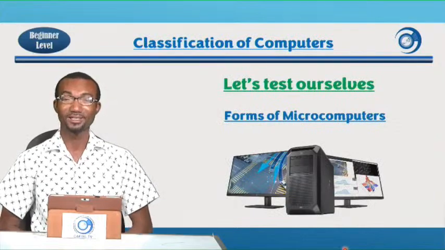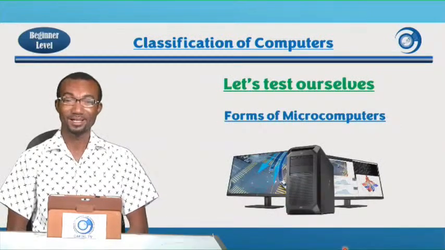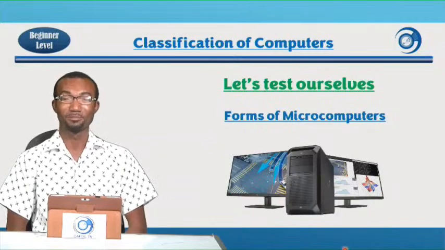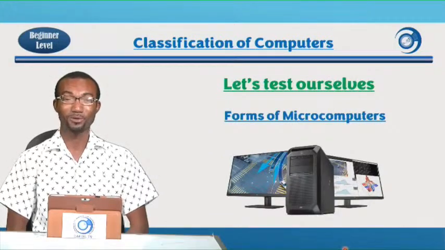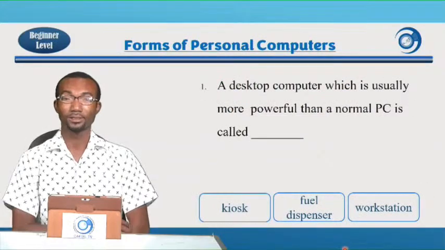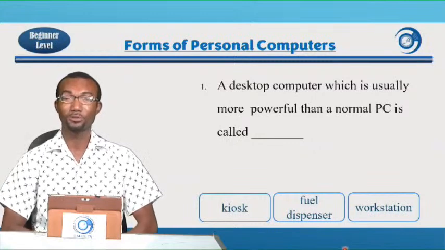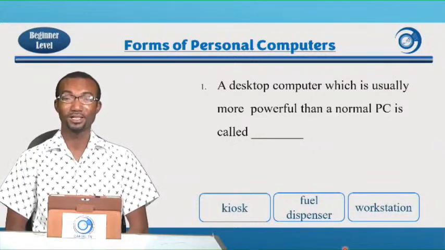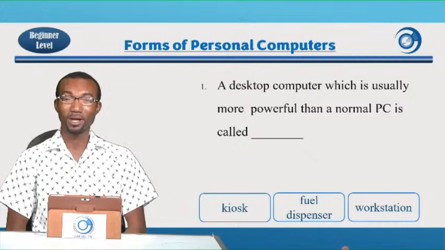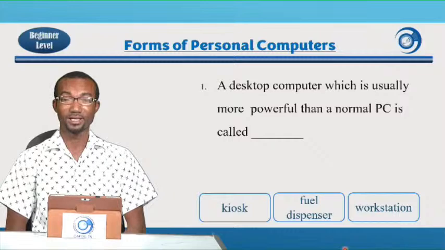Now viewers, before we end the lesson, let's test ourselves on forms of microcomputers, which, as I said, are also known as personal computers. 1. A desktop computer which is usually more powerful than a normal PC is called: kiosk, fuel dispenser, or workstation?